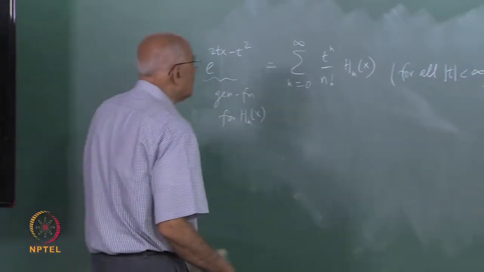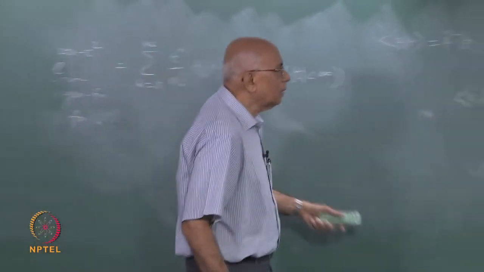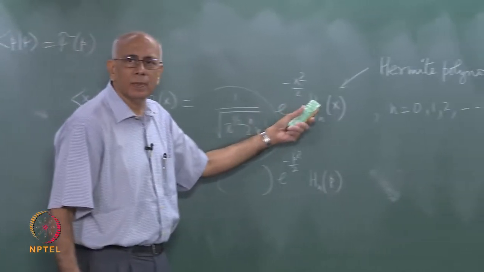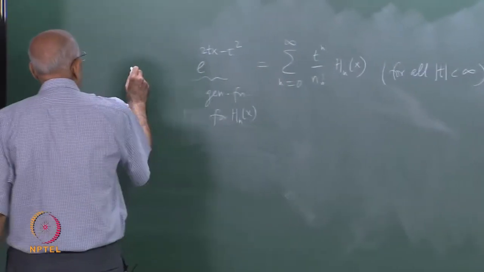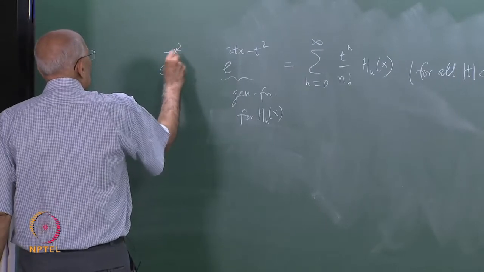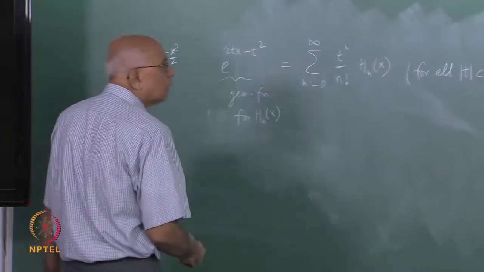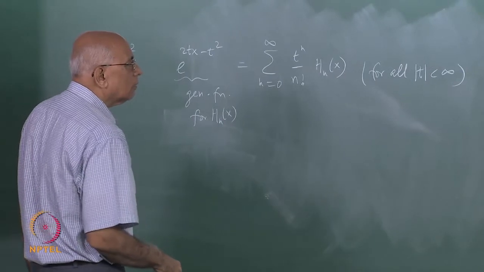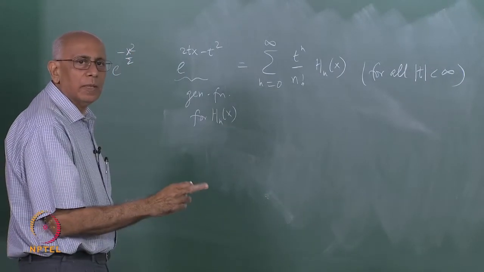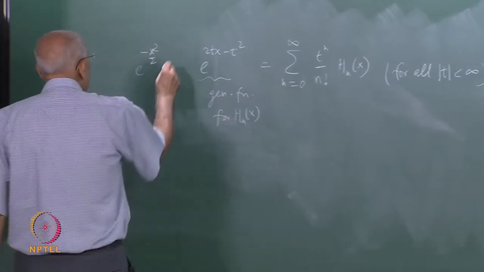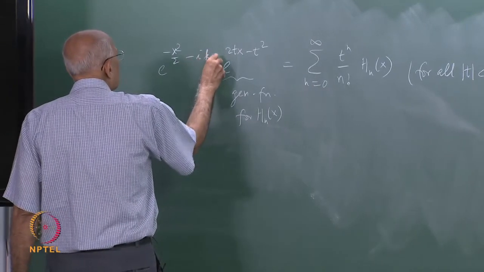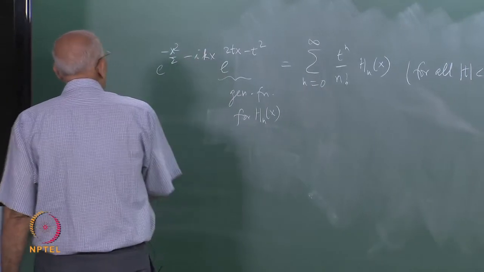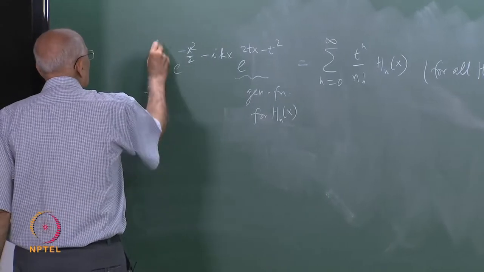So I need the Fourier transform not of this but of this function. Let us multiply both sides by e to the power minus x squared over 2, and then when I take the Fourier transform I have dx e to the minus ikx, and integrate from minus infinity to infinity.